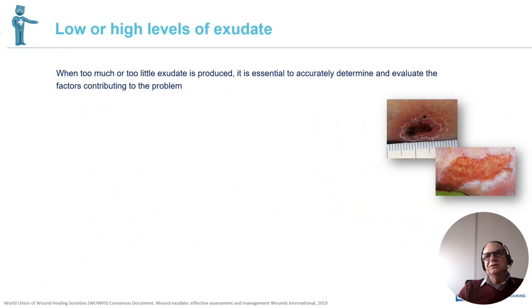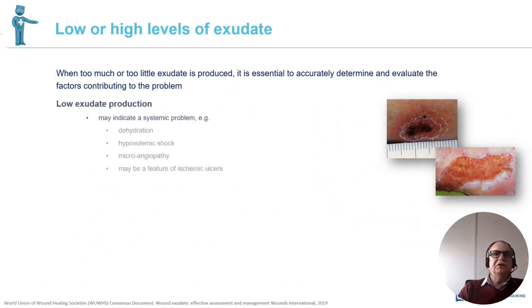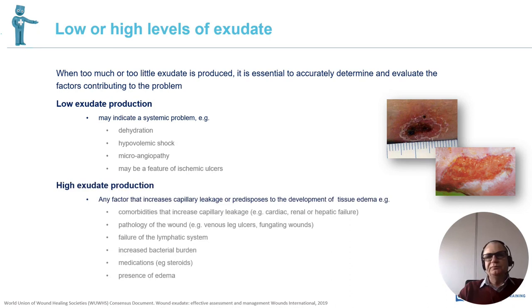But sometimes we have a wound which is too dry or too wet. So those low exuding wounds, it could be because of systemic problems like dehydration and hypovolemic shock, but in lower limb wounds, usually this is because of lack of circulation, which could usually be referred to as microangiopathy. High levels of exudate mean that there might be comorbidities, for example problems with the cardiac, renal or hepatic systems.